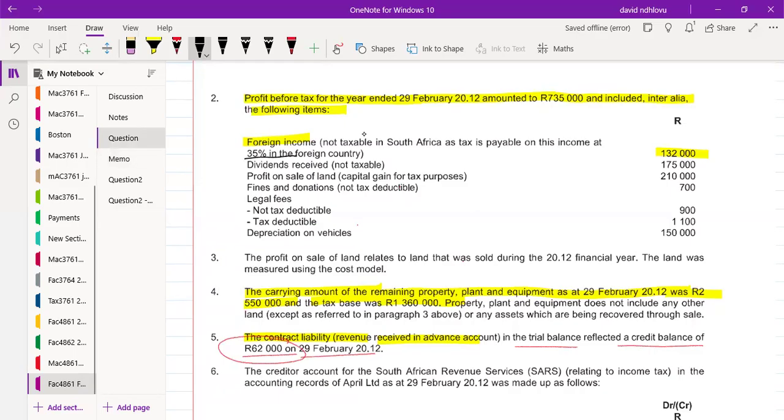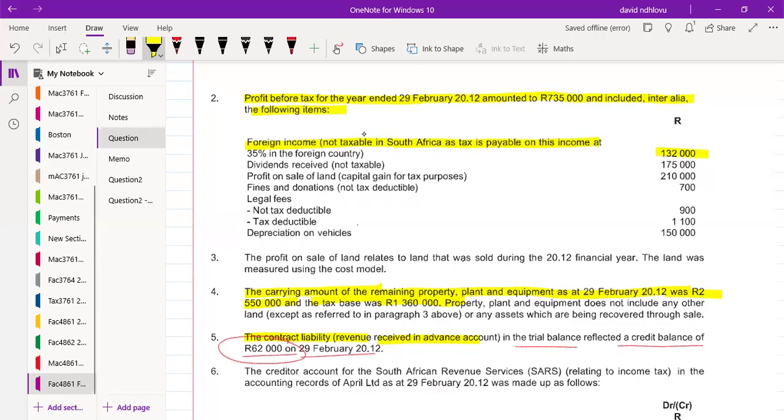So if the question were to say 32,000 after deducting foreign income of 32,000, you would have had to say 132,000 plus the amount deducted. But here, this is the gross amount before any deduction. The wording is always important. Are we clear on that? Right, hopefully we understand that very well.